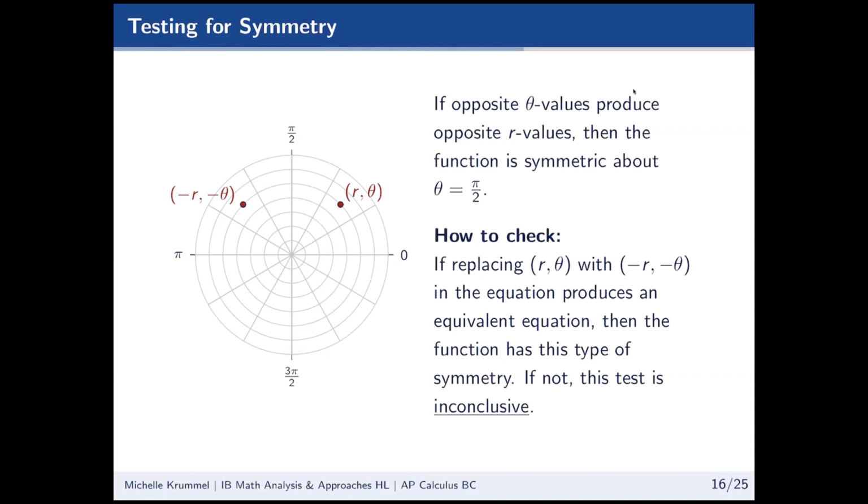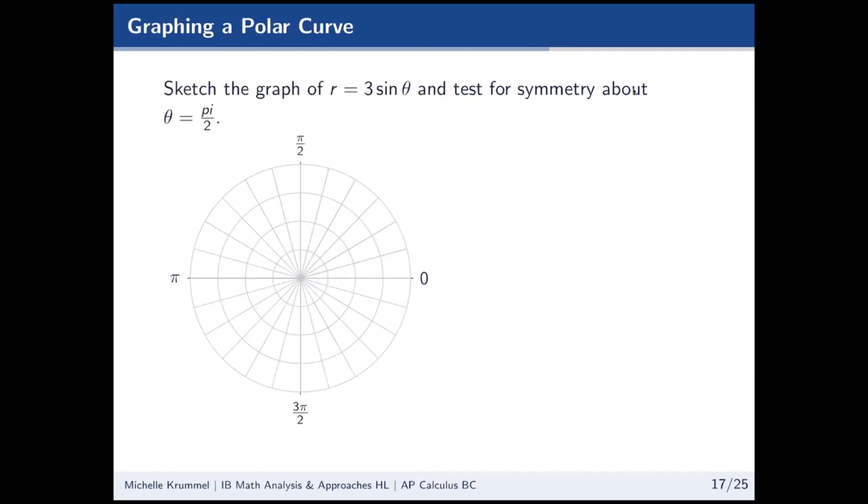So how do we check that? Well, we're going to replace r with negative r, and replace theta with negative theta, and then simplify. And if the result is the same equation we started with, we know our function has this type of symmetry. For example, here we're asked to sketch r equals 3 sine theta and test for symmetry about theta equals pi over 2.